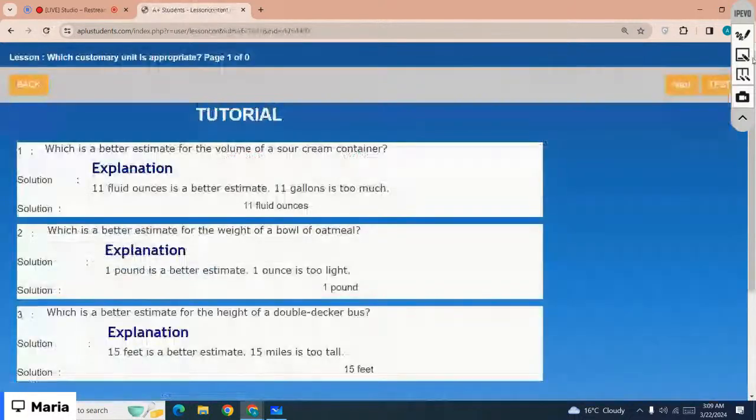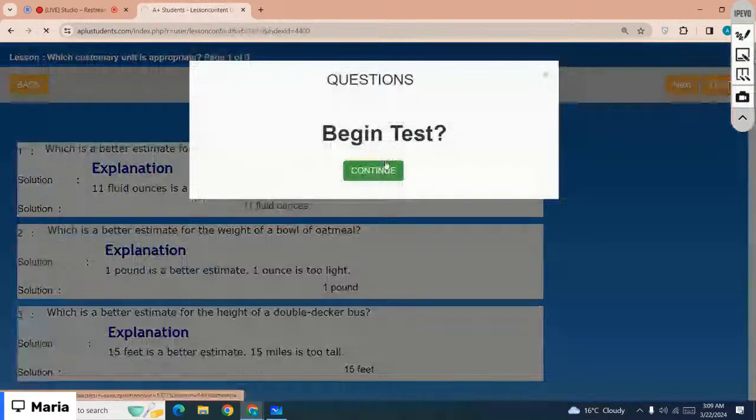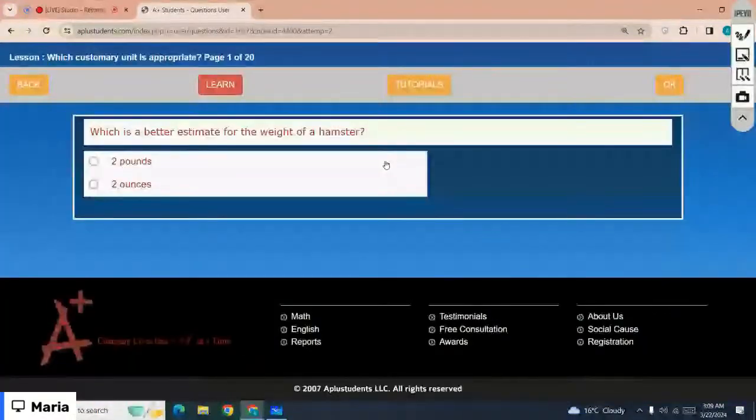Let's start with the test questions. Which is the better estimate for the weight of a hamster? 2 pounds or 2 ounces?